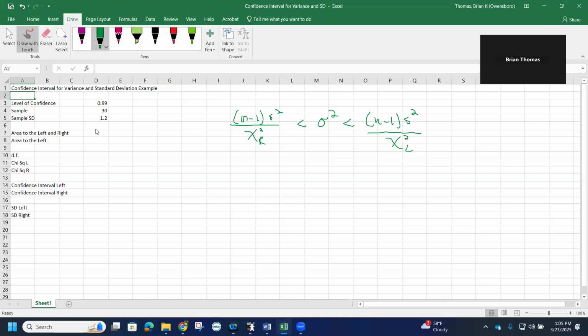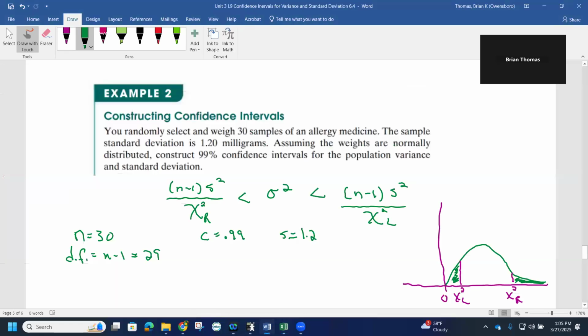One of the things to do this in Excel, we need to know the area to the right or left of the level of confidence. Remember the level of confidence is actually the area between chi squared L and chi squared R. So the level of confidence is actually this region here.